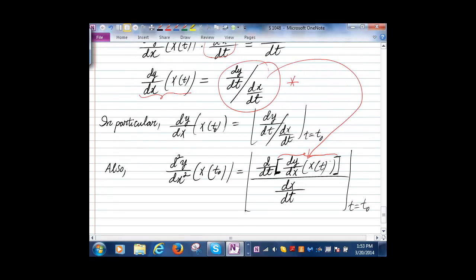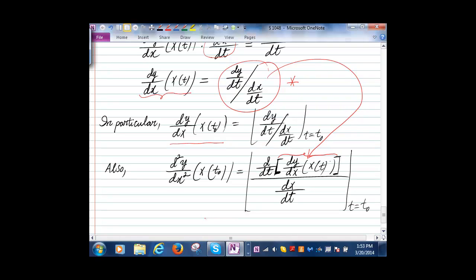And so I have this formula that the derivative of y with respect to x evaluated at x of t0 is given by the ratio dy dt over dx dt evaluated at t0.